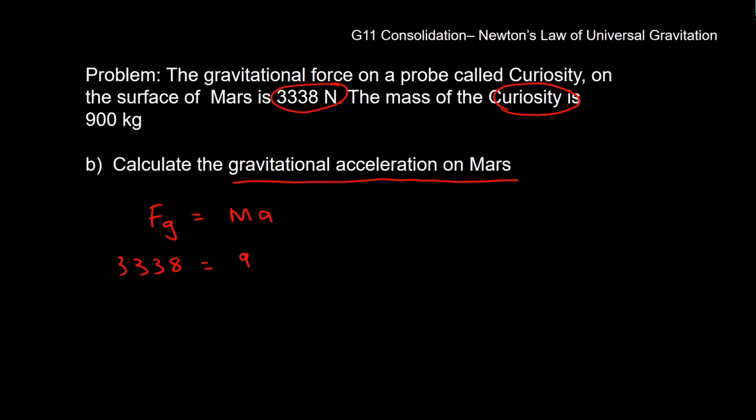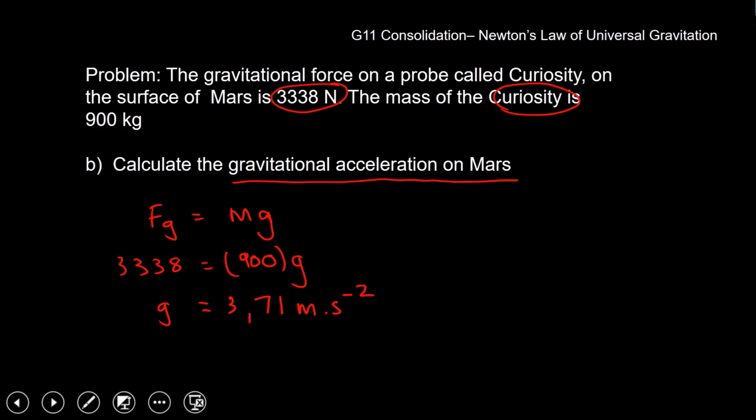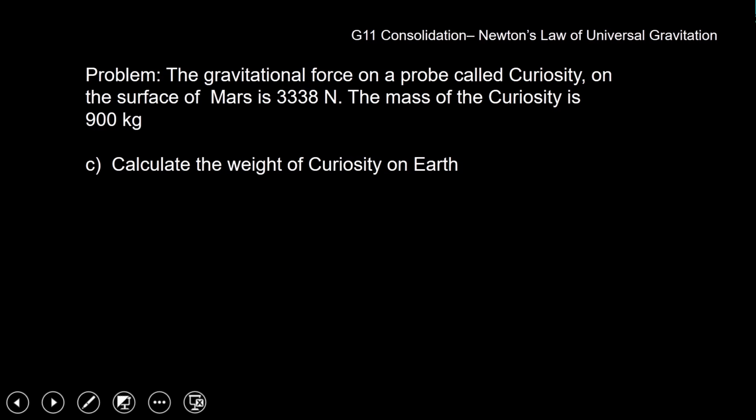It is 900 kilograms. What do I have to find out? I've got to find out this gravitational acceleration. Let's just make that into a g. Right, I just turn my equation around and I find that the gravitational acceleration on Mars is 3.71 meters per second squared. That's quite a small amount, isn't it? Compared to Earth, because Earth is 9.8 meters per second squared.